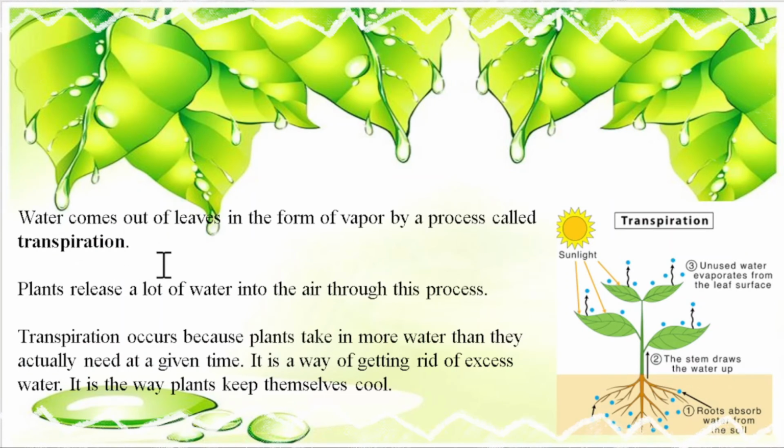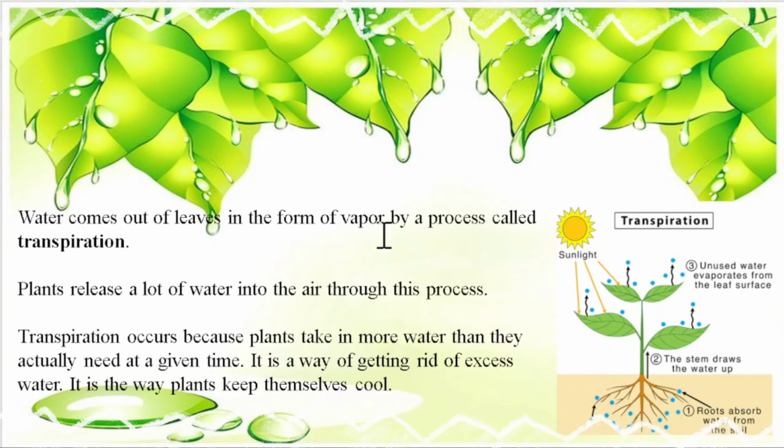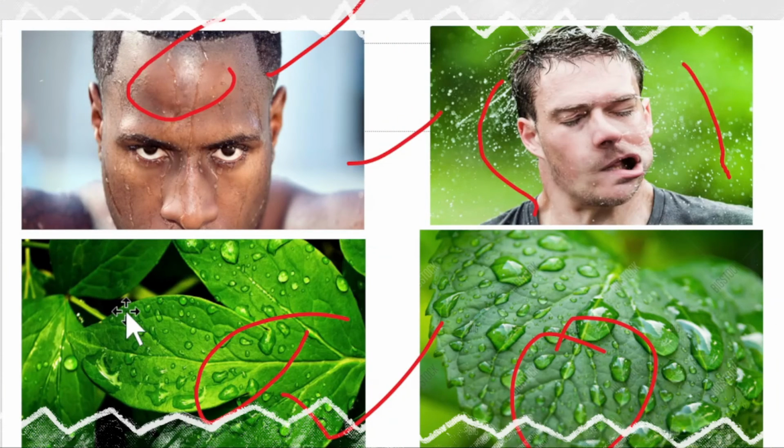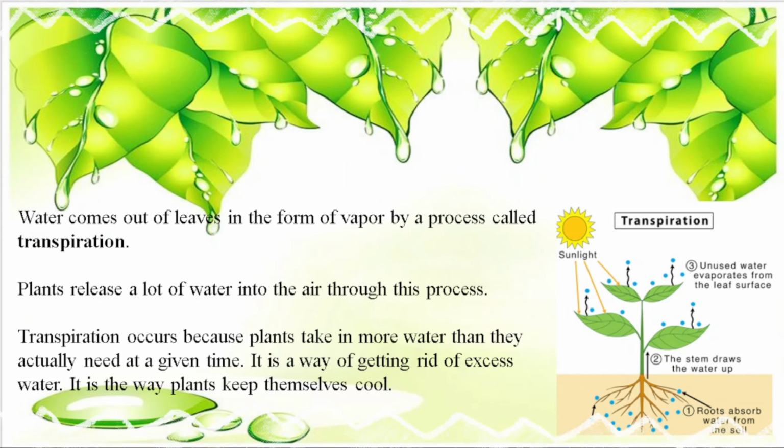Let's find out. The water comes out of leaves in the form of water vapor by the process called transpiration. You can see these water droplets, and this is the process of transpiration. Plants release a lot of water into the air through this transpiration process.